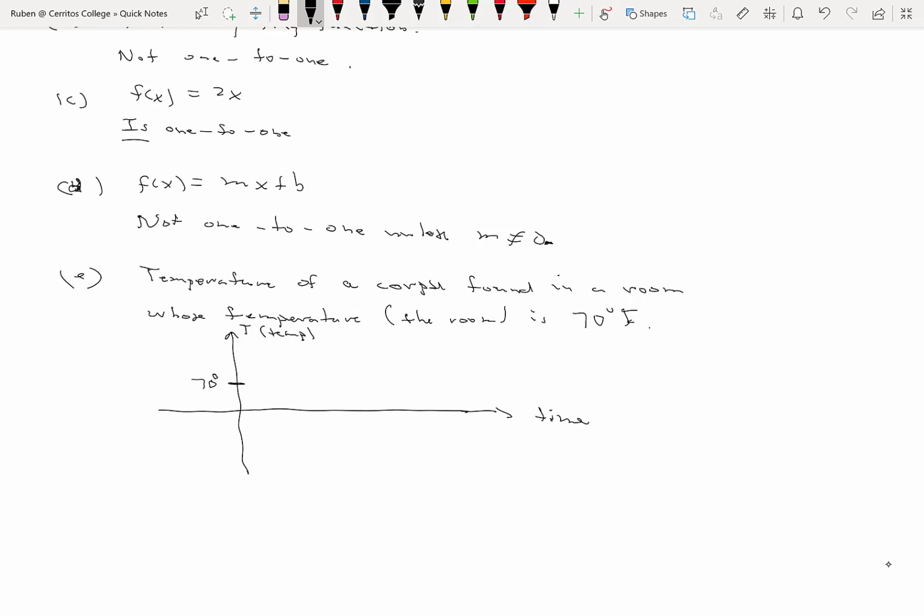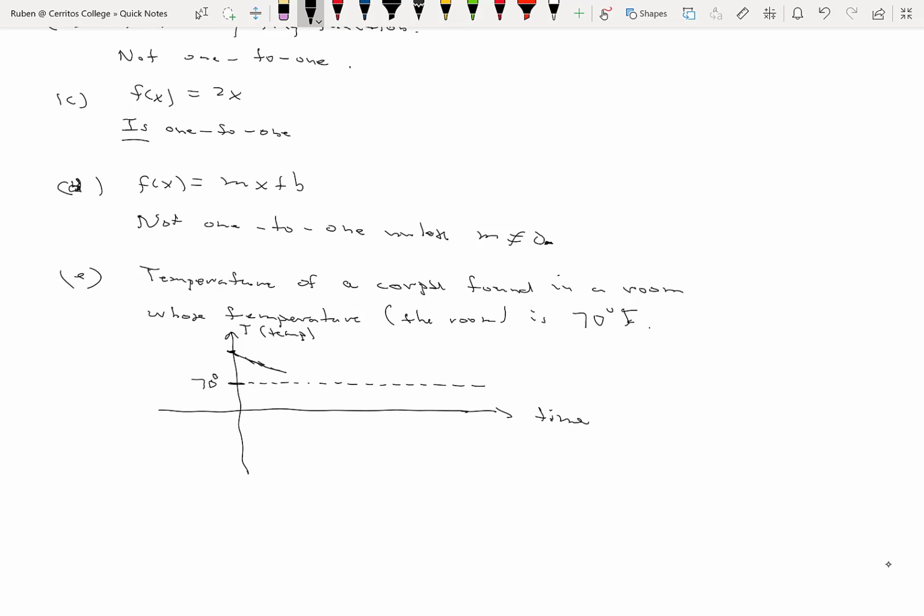Then the temperature of the body before it died was approximately 98.6. So the temperature of the body was greater than 70. As soon as the person died, what happens to their temperature? It begins to fall.